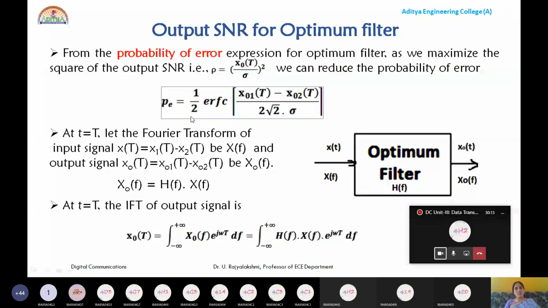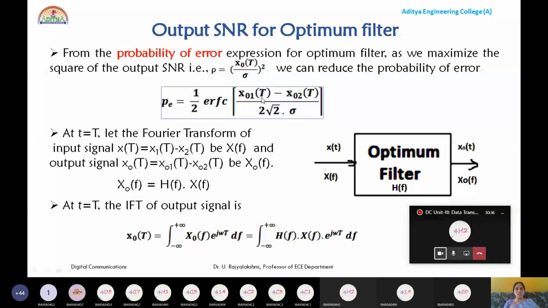Whenever our noise n naught of t is less than or equal to the lower boundary, or greater than or equal to the higher boundary, because we stated two decision boundaries, whatever may be, the probability of error will remain constant at half erfc of (x naught 1 of t minus x naught 2 of t) divided by 2 root 2 sigma.